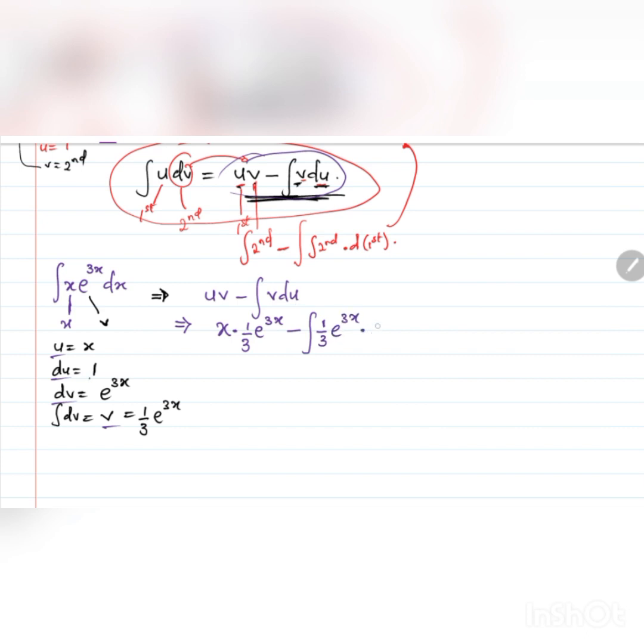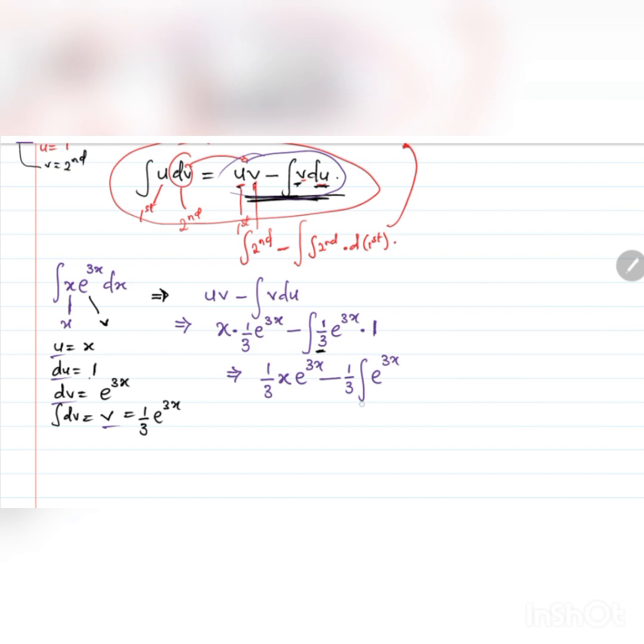What is du? 1. So this is equal to 1 over 3 x exponential 3x minus, since 1 over 3 is a constant, I can bring it out, 1 over 3 the integral of exponential 3x.